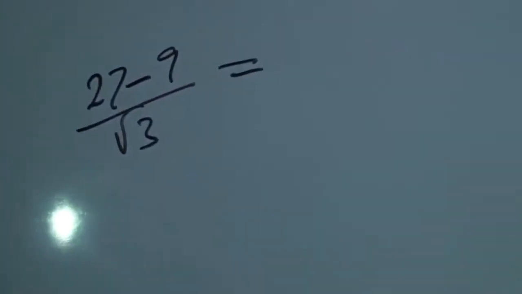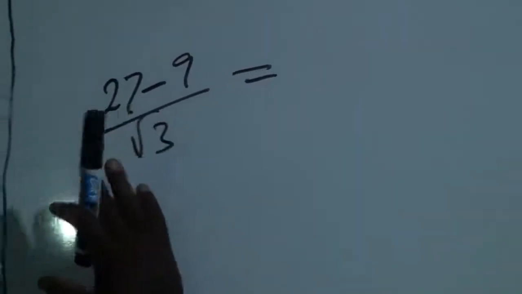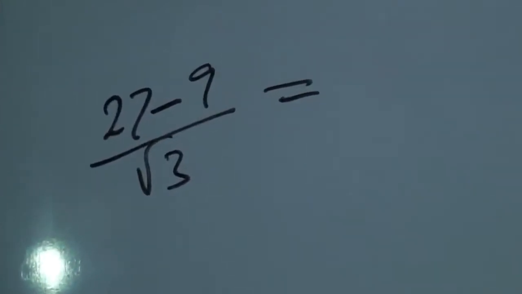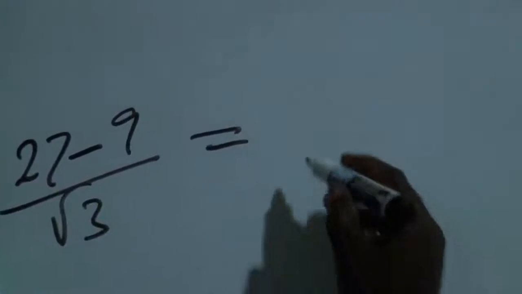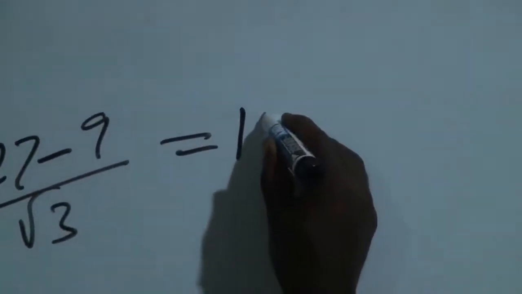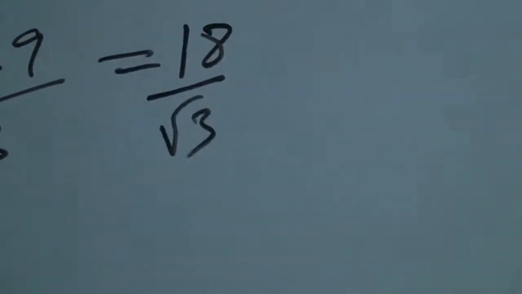Then you check and see that this 27 and this 9 can be subtracted directly since they are not under a root. So what is 27 minus 9? 27 minus 9 will give us 18. So I have 18 divided by √3.